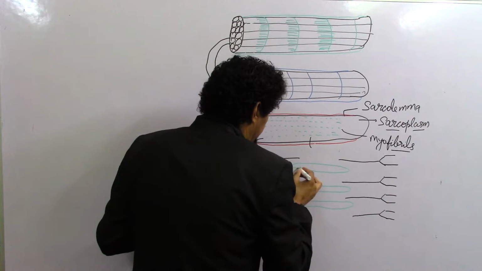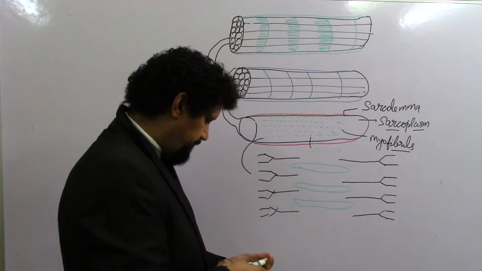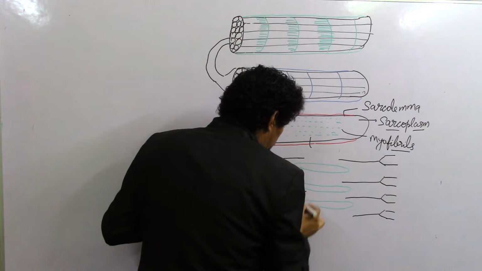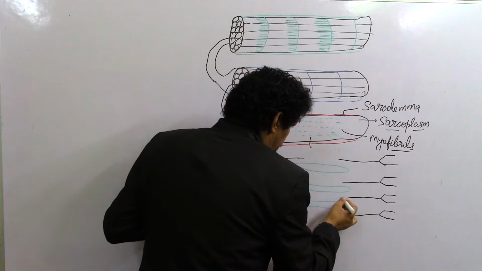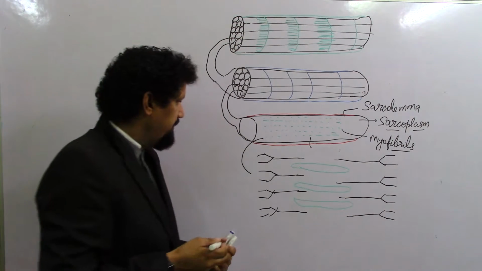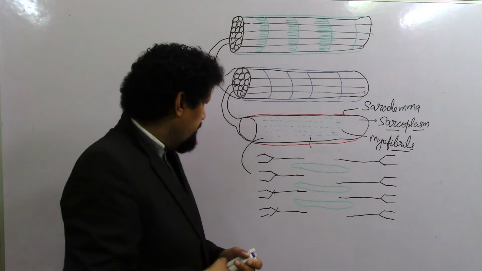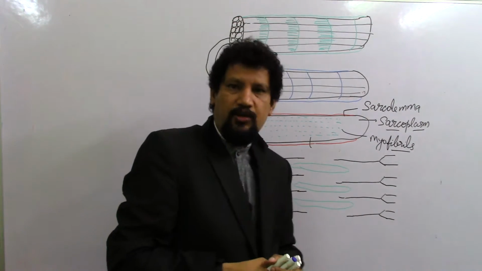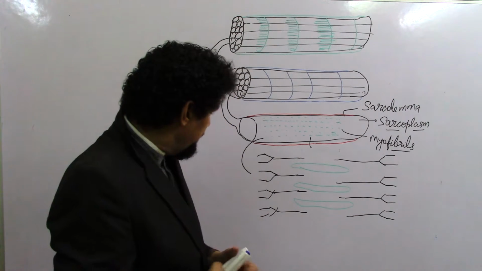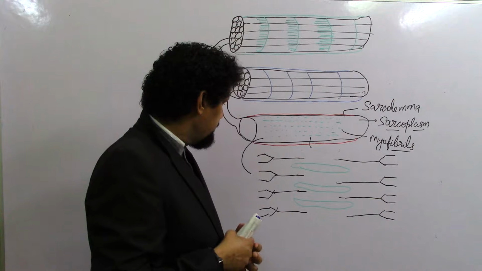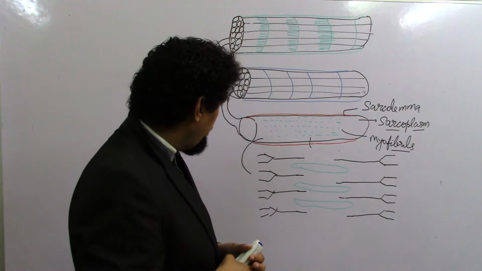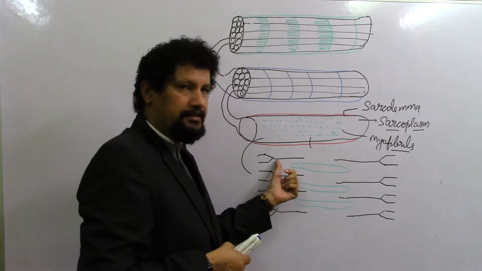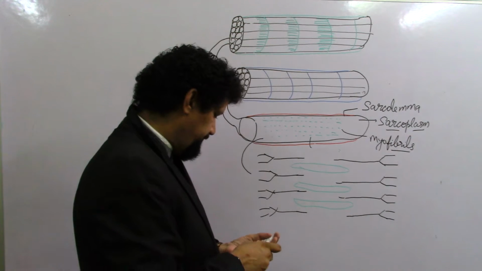So here we can see the basic microscopic structure of a myofibril, which is formed by the myofilaments, which are the proteinous contractile filaments. This part is known as the I band.